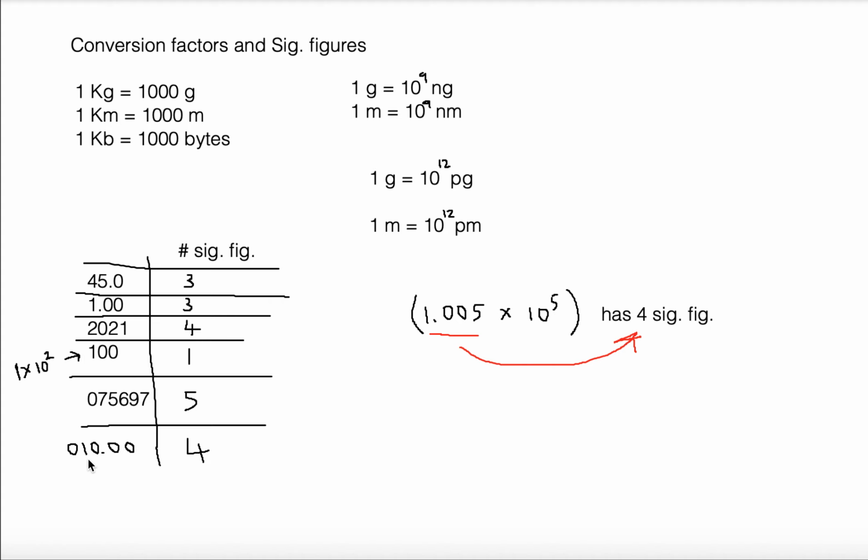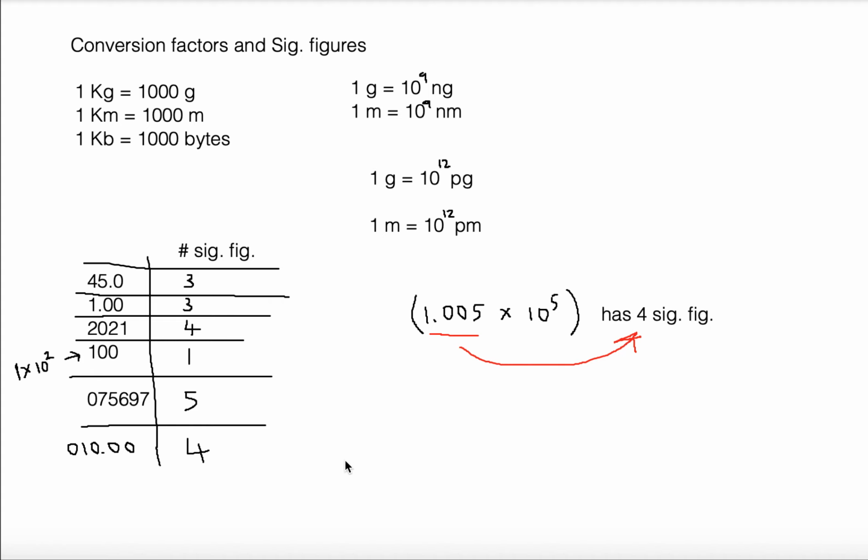It starts with 1, that's a non-zero. So that's 1, and then you get a 0, then a decimal point, and then 2 zeros. The last 2 zeros are for precision. So we have a total of 4 significant figures.